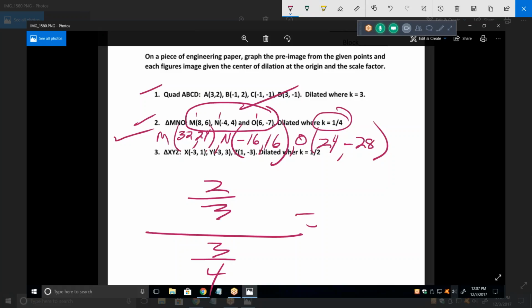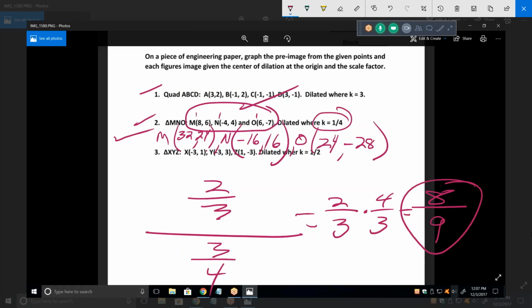So 2 in the 4th. Tell me how to write this. What is this the same thing as? 2/3 times 4 over 3. Okay, now do that math. Yeah, 8 over 9. There's your answer for that problem.